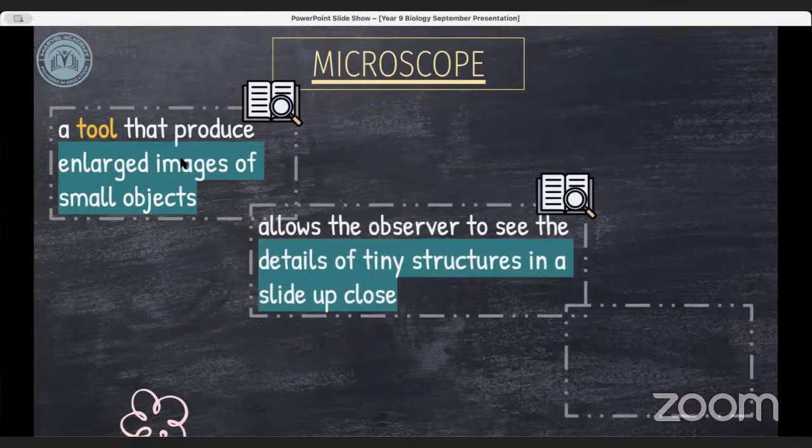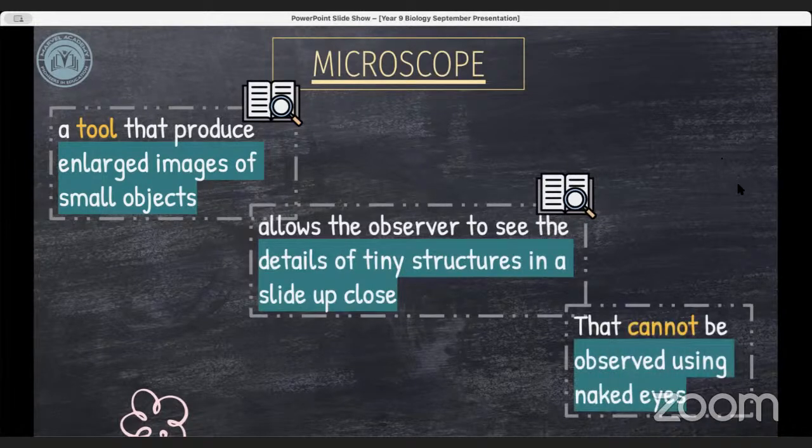It is a tool that enlarges images of small objects, allowing the observer to see detailed tiny structures that cannot be observed with the naked eye. These cellular structures are very small, children, not at all visible to our naked eye. So in such cases, we can use a microscope.